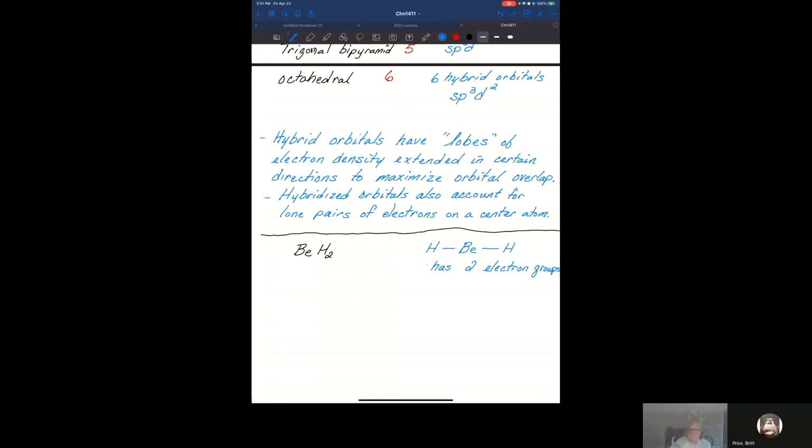If it has 2 electron groups, it needs two hybrid orbitals.